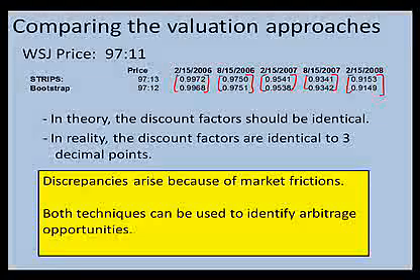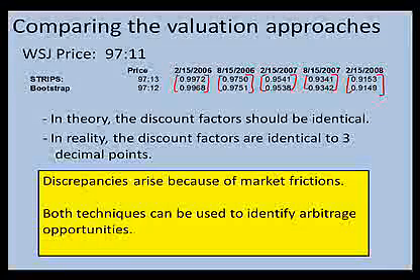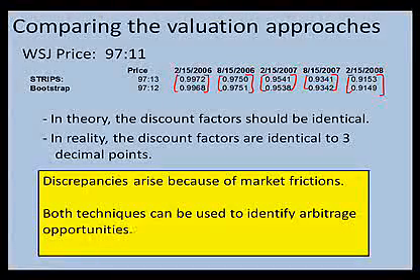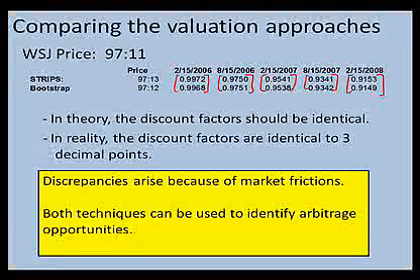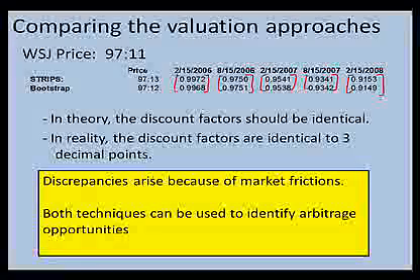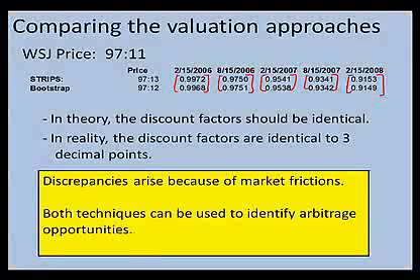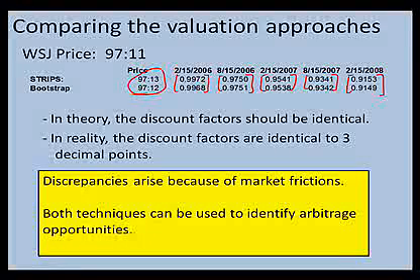You could use the strip approach or the bootstrapping approach to identify arbitrage opportunities. But you have to take into account transaction costs. The prices that we're seeing here suggest there are no arbitrage opportunities when we compare to this price that's quoted in the Wall Street Journal.